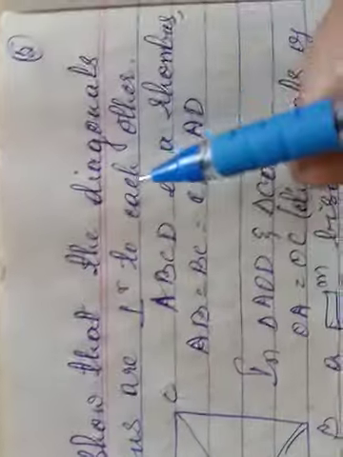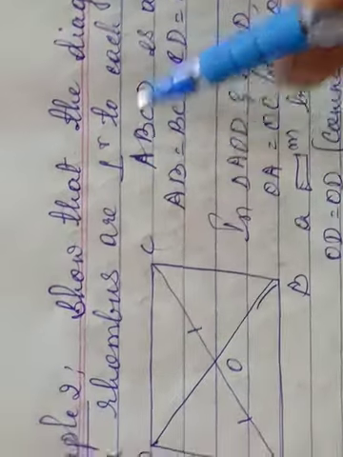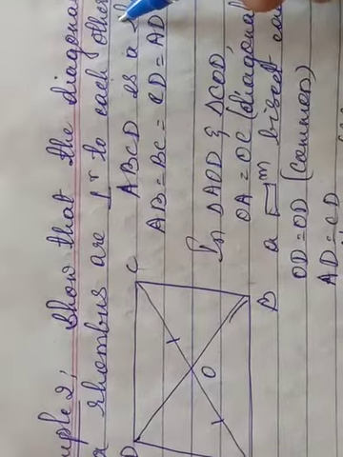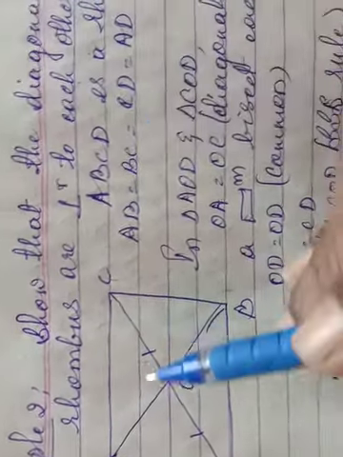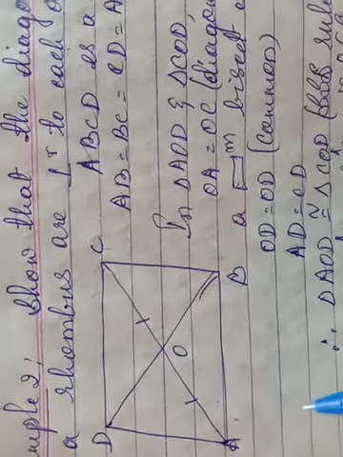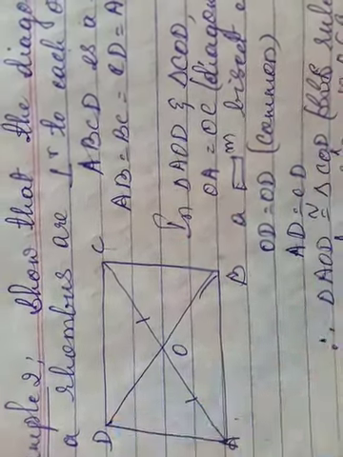Next example. Show that the diagonals of a rhombus are perpendicular to each other. Here is the rhombus we have drawn. ABCD is a rhombus. In a rhombus AB is equal to BC is equal to CD is equal to AD.